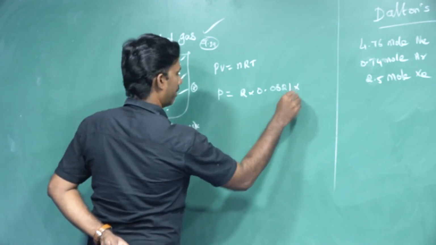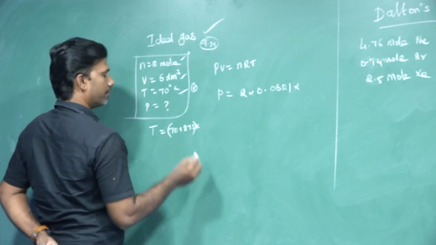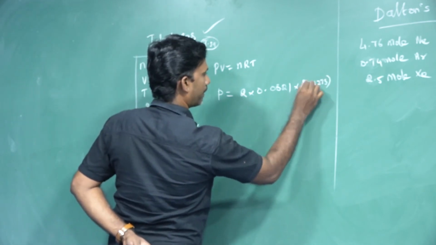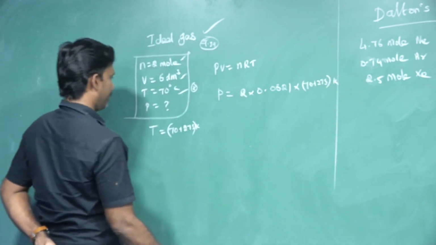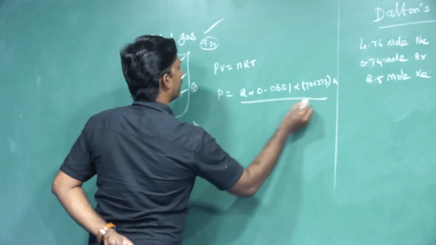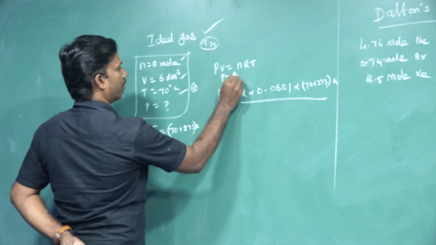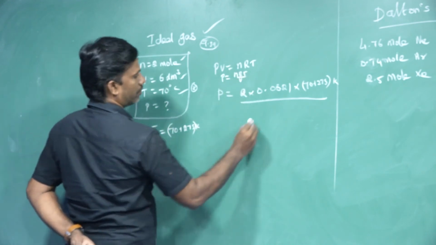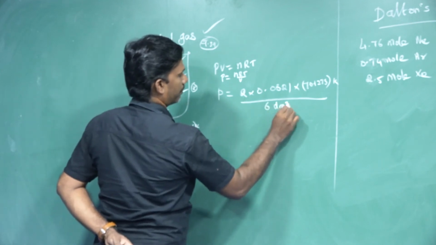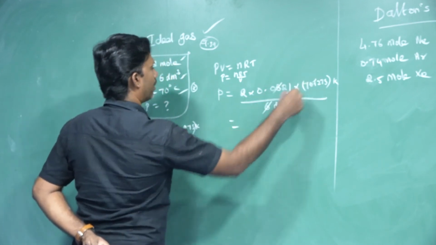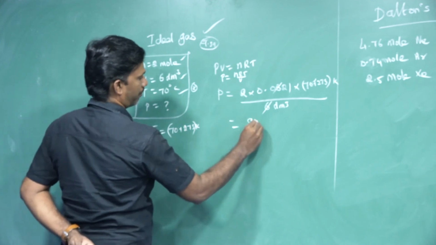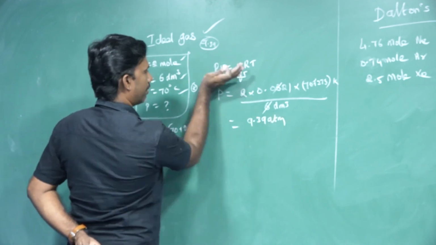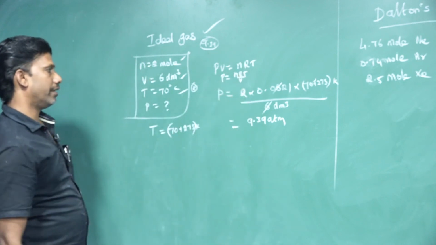Temperature, 70 degrees Celsius, we need to convert into Kelvin, 70 plus 273 Kelvin. Divided by V, volume 6 dm cube. If you simplify all those, you may get 9.39 atmosphere. This is how we get the solution for the ideal gases.